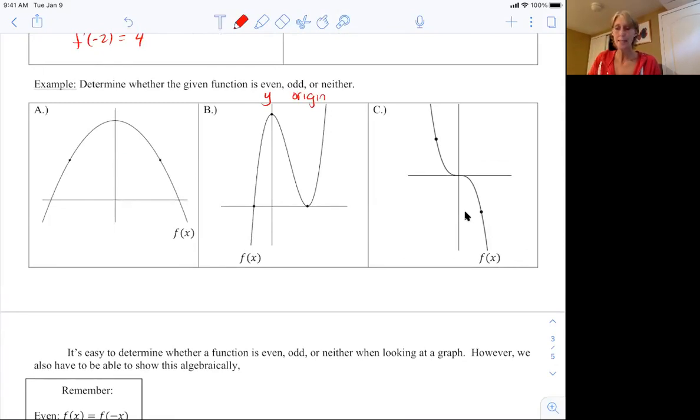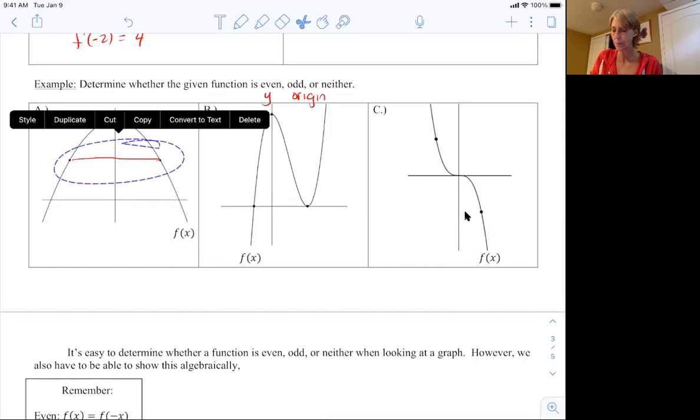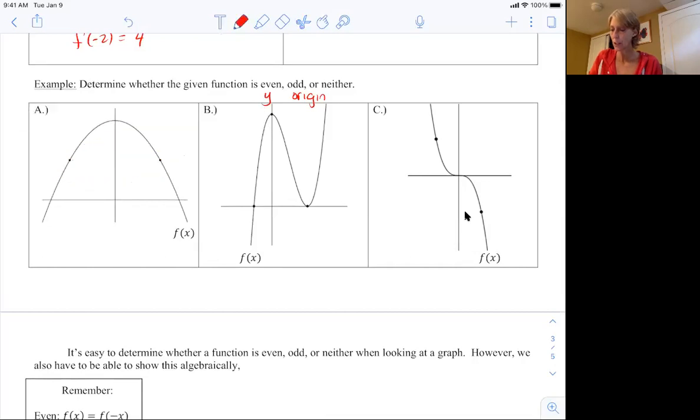So when I look at example A, it's easy to see that this is symmetric with respect to the y-axis. No matter where I go, if I fold on that line, it's a mirror image. So this is an even function.